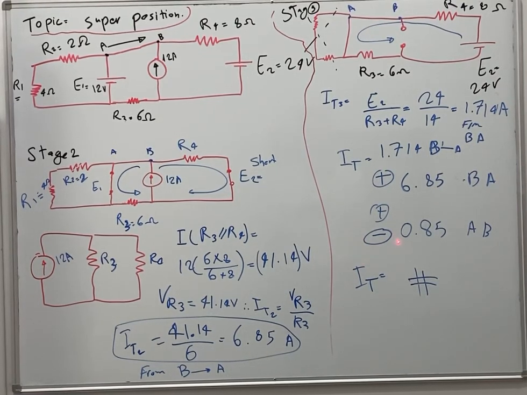The last number, which is 0.84 from part 1, will be negative because it's opposite, from A to B, while these two numbers, 1.714 and 6.85, are B to A. So the sum of that will be adding those numbers together and then subtracting this number, and it will be in current, of course.